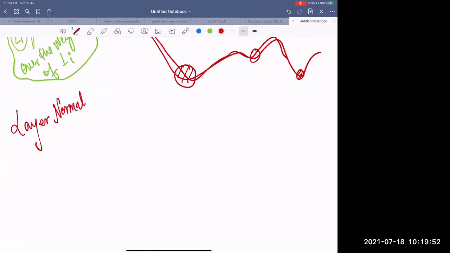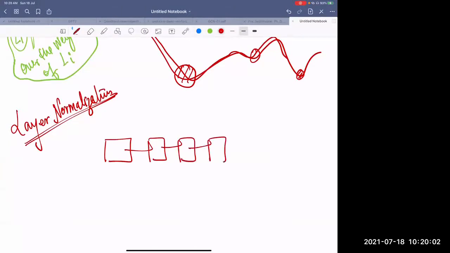When we talk about layer normalization, and somebody has said that they are difficult to normalize, the point is that if you have a network which is being unrolled like this, then you have got a batch.